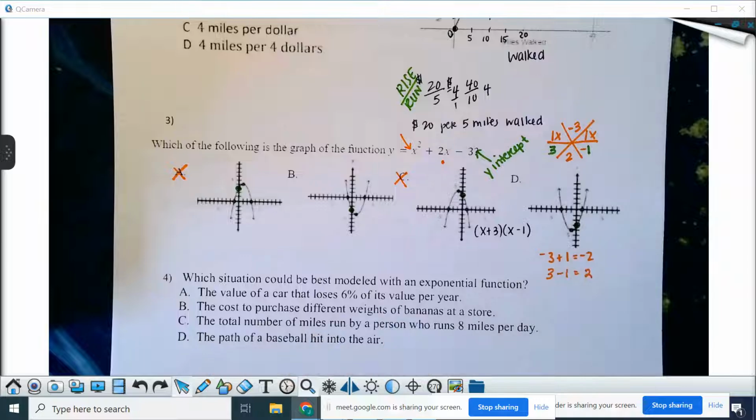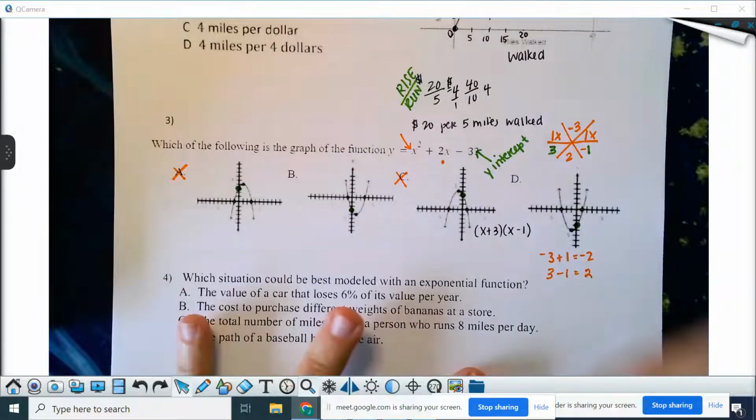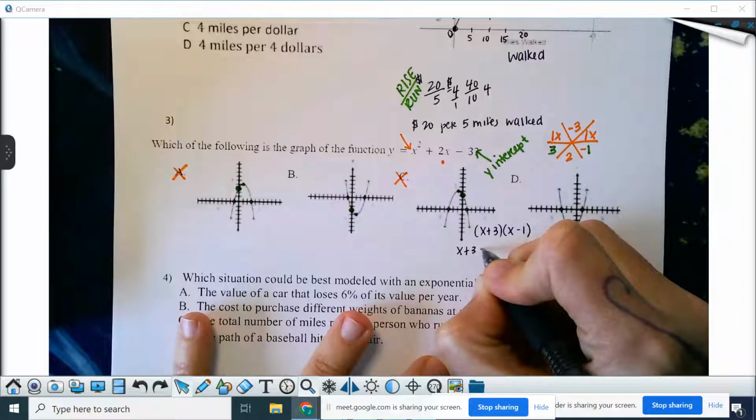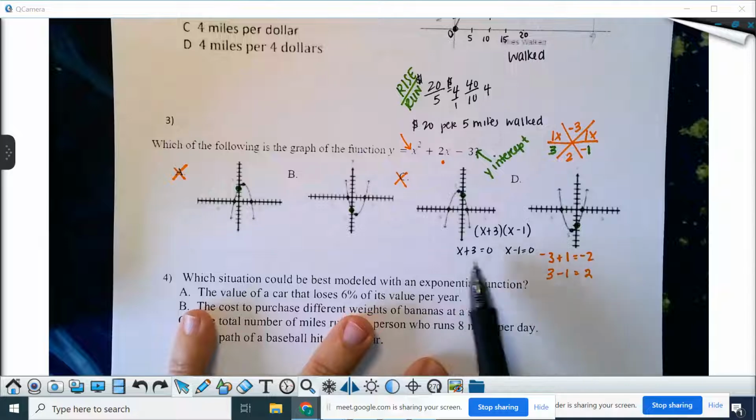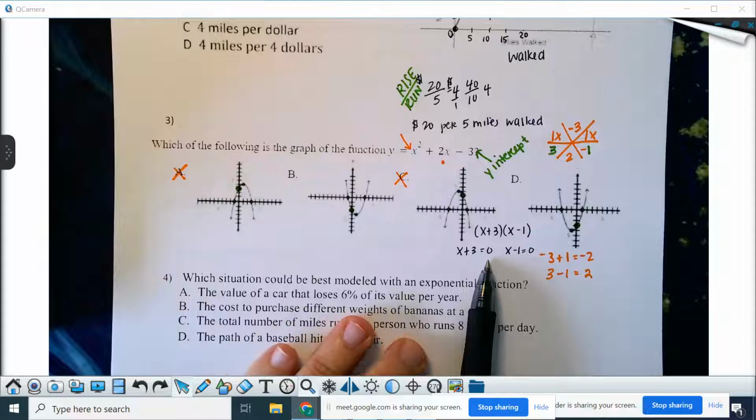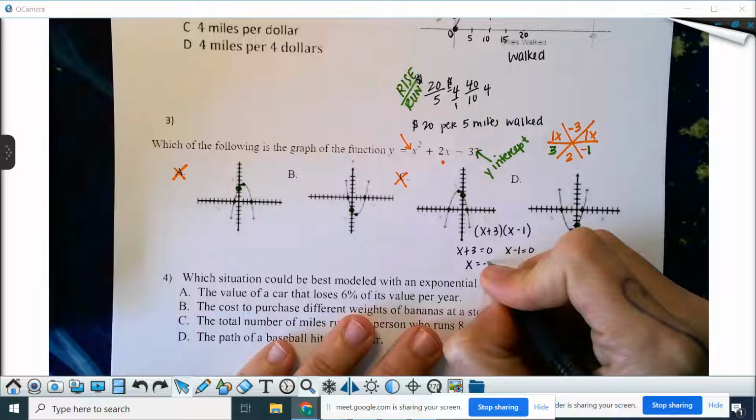Now those are the factors, not the zeros. The factors. To get the zeros or solutions, we're going to take both of those and we're going to set them equal to 0. So how am I going to move that 3 to the other side to get x by itself? Yep. So it's going to be x equals a negative 3.